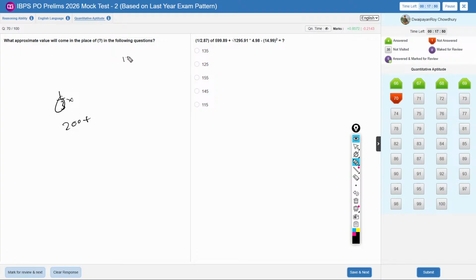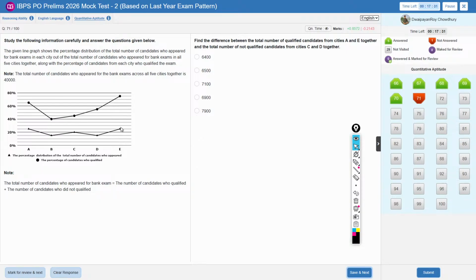So 1225 is 35. So this is close to 36 into 5 minus 15 square, 225. So 180 minus 45. So 155. Okay, I'll skip this one also.